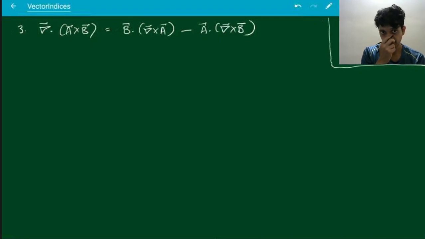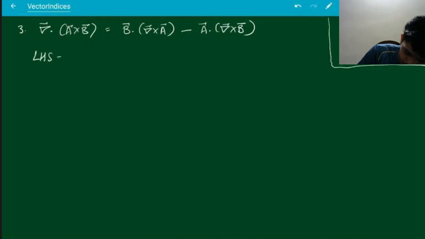How should I do this? I think I'll have to do LHS and RHS separately. Okay, so let's take LHS. This is like a dot product, so del i and then i of the other one.